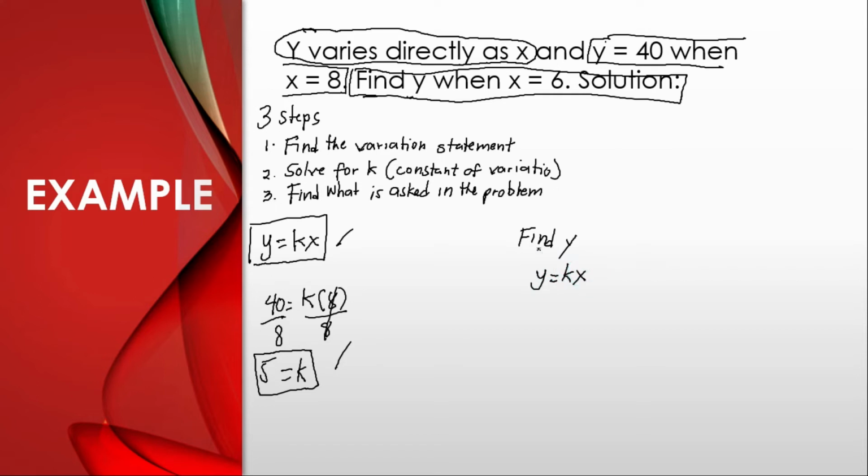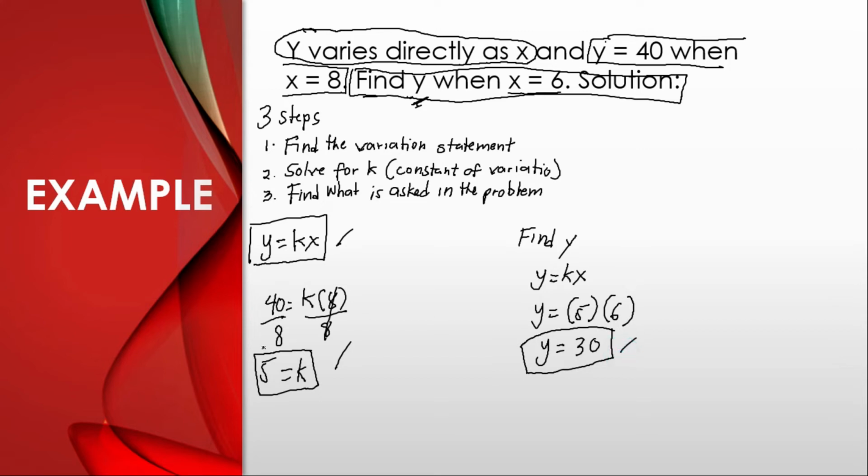Ang value ng k natin is 5, at yung x natin na given will be x is equal to 6. So, ang y natin ngayon is equal to 5 times 6 is 30. Ito na yung ating y na hinahanap sa ating problem.